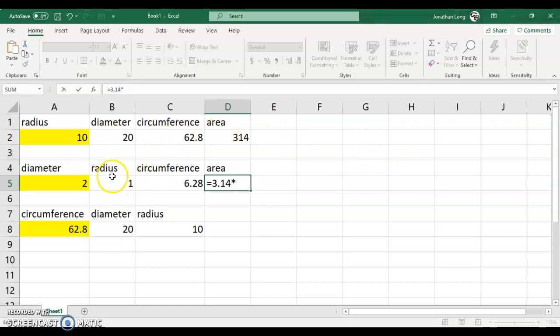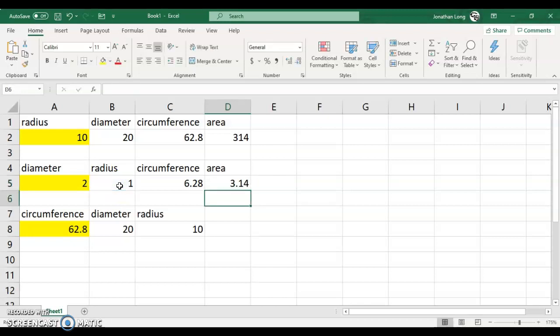Well, in this row, the radius is the second number in, so I'm going to click on B5 to the second power. Shift 6, which is your exponent button, and to the second power. Okay, so if I want all this to match up, my diameter was 20 here, so let's put in 20 here, and it works. I get the same numbers.